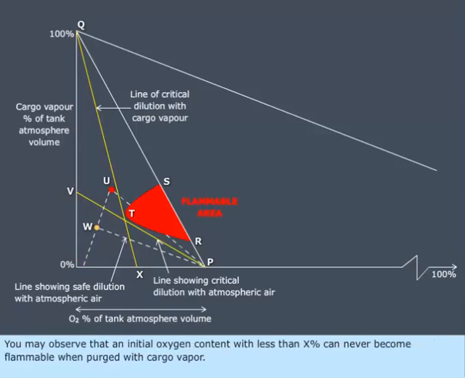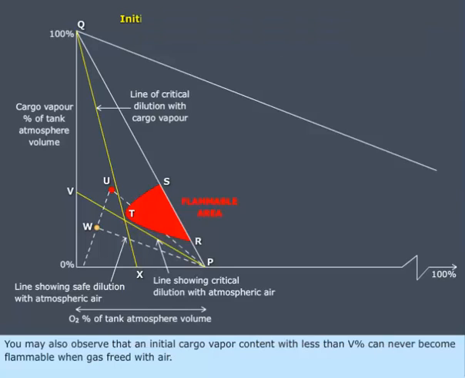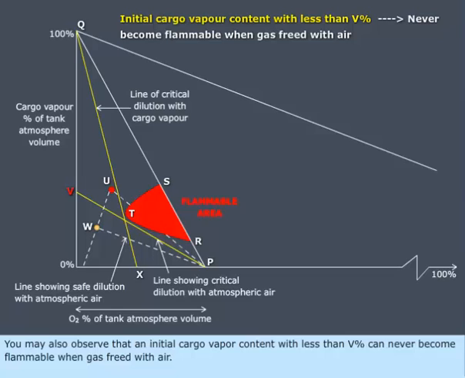You may observe that an initial oxygen content with less than X% can never become flammable when purged with cargo vapor. You may also observe that an initial cargo vapor content with less than V% can never become flammable when gas-freed with air.